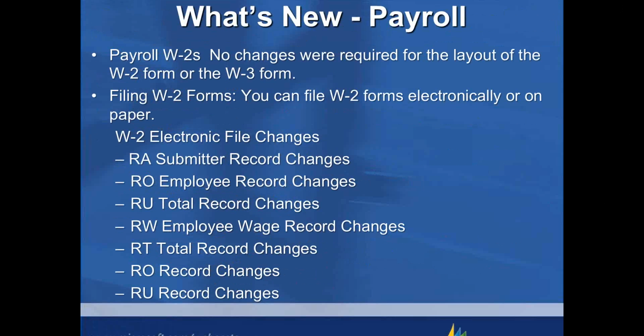The W-2s themselves, there are no changes required for the W-2 or the W-3. Filing the W-2 forms, you can do that electronically or on paper. If you are required to do it electronically, then you can see the list of changes there. So those you would have to definitely install the year-end update.